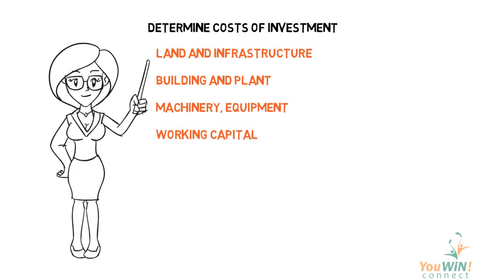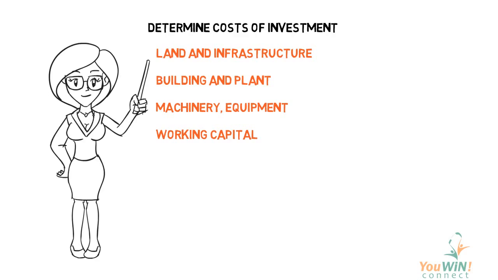Office and factory, what's the design? What are the construction expenses, working capital, required stock levels of raw materials, work in progress, finished goods, and all of this, the cost of all this go into what we would make provision for in the financial plan.